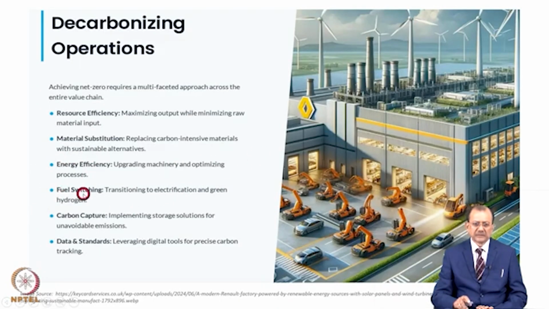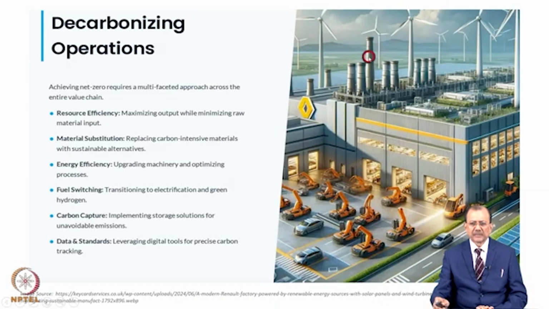Fuel switching, this is another very important aspect which companies are trying to implement, transition to electrification and green hydrogen. That is because, as we know, electrification and green hydrogen kind of alternative fuels have very little impact on the carbon footprint. Carbon capture, at the outlet of the fumes, there are technologies being developed to capture the carbon, and then use this captured carbon for some other kind of processing.